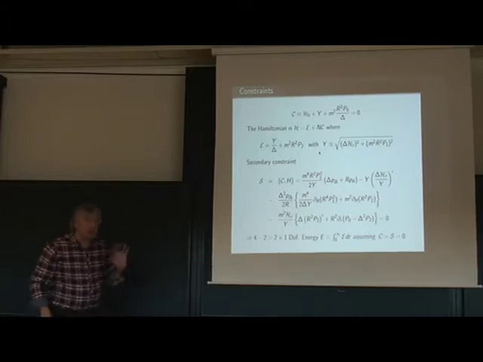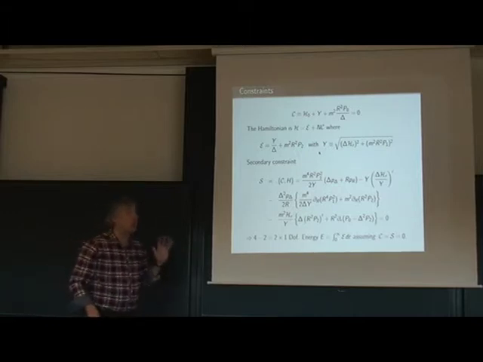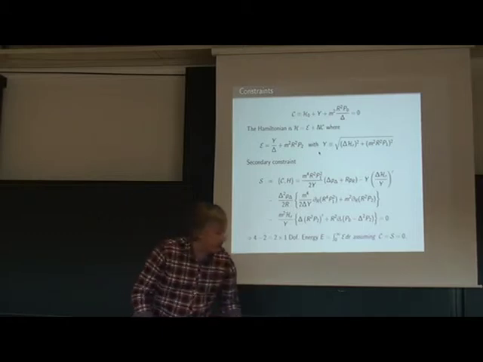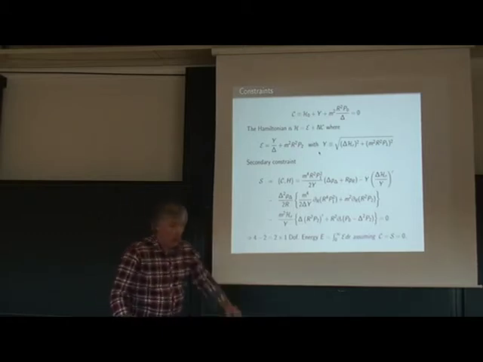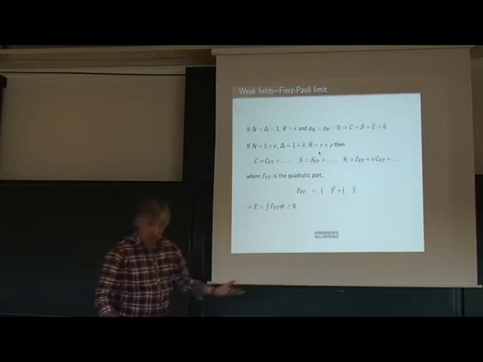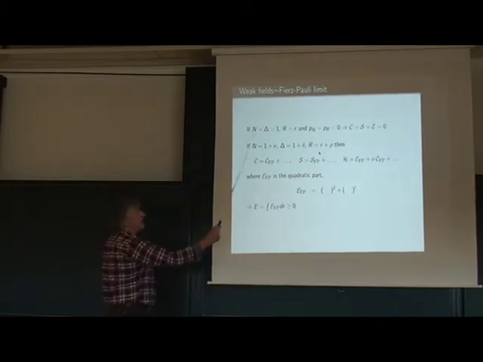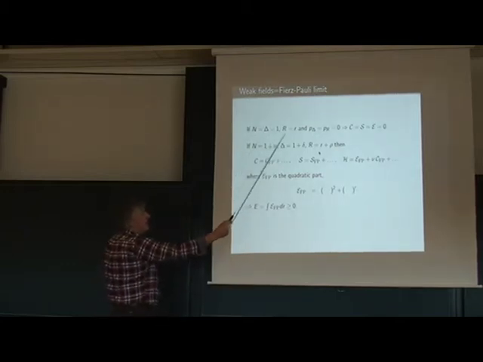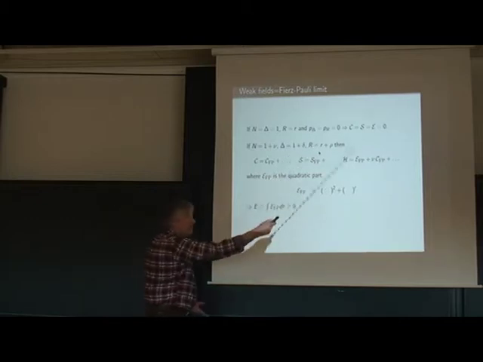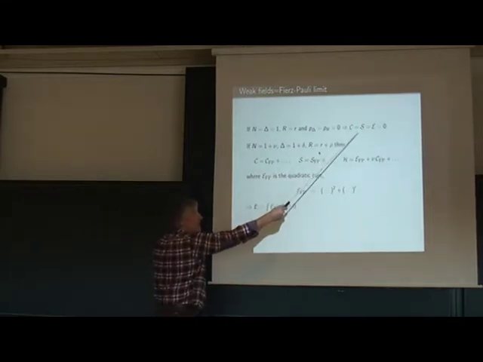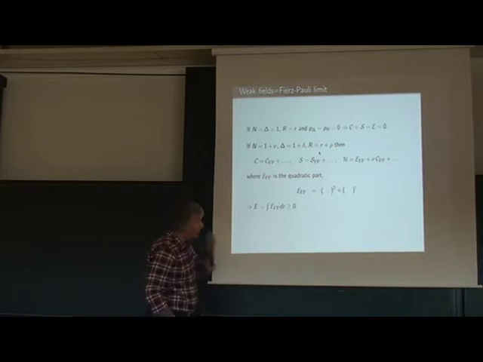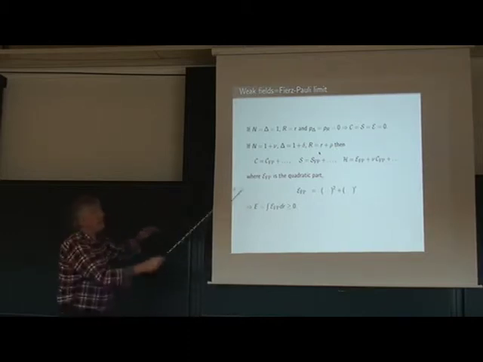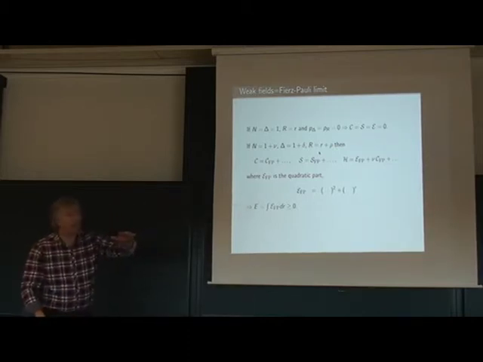Well, in general way, I could not, but I was able to consider special cases. First of all, one can go to flat space, and one can check that in flat space, everything is fulfilled, which means the constraints are satisfied, and the energy is 0. Now, suppose that we are close to flat space, that we are in the Fierz-Pauli limit.